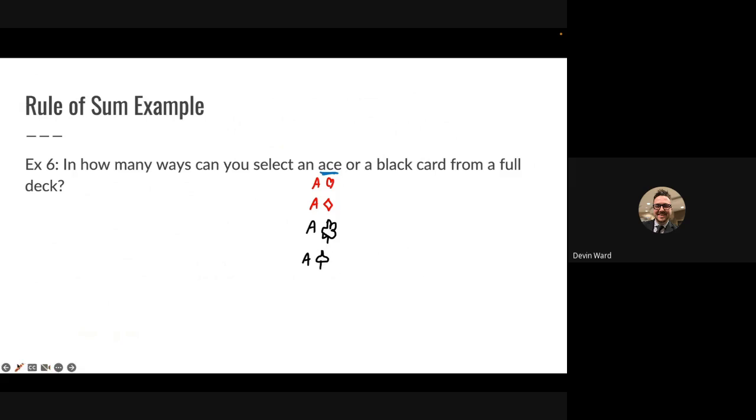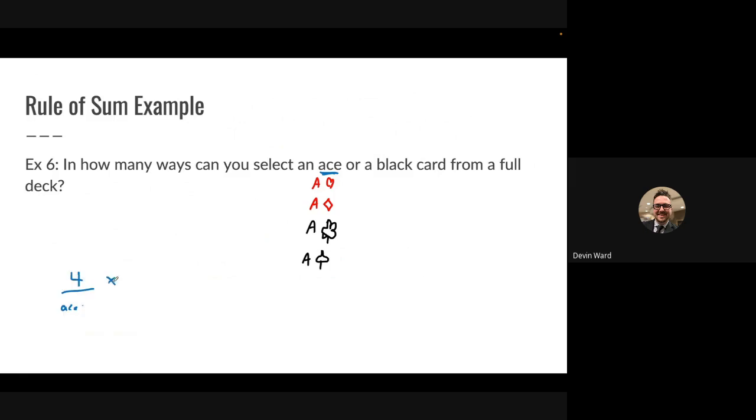There we go. That's the best you're gonna get of me. Sorry, guys. So there are 4 aces. How many different ways can we get an ace? We can get an ace 4 different ways, one from each suit.